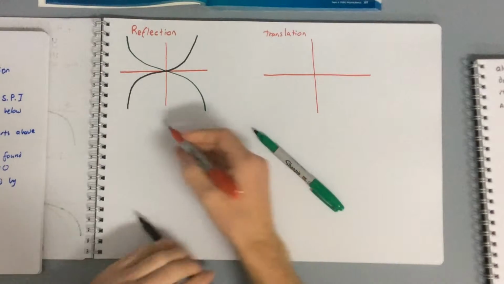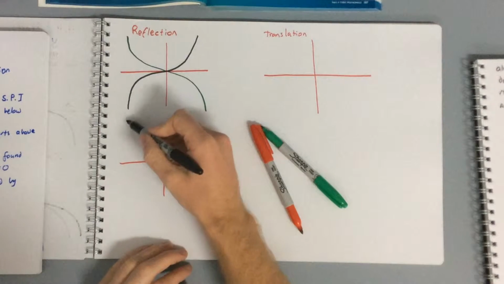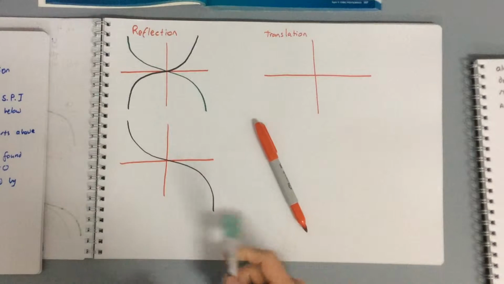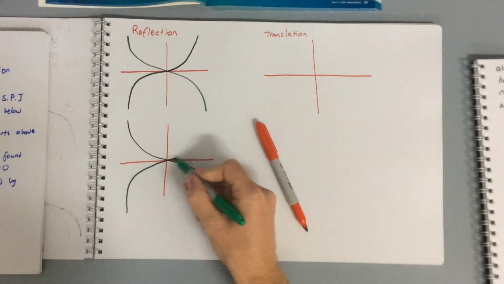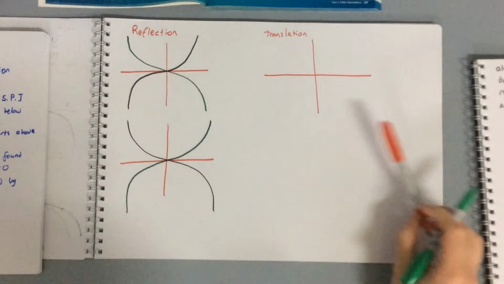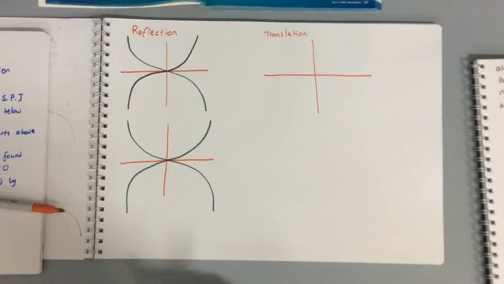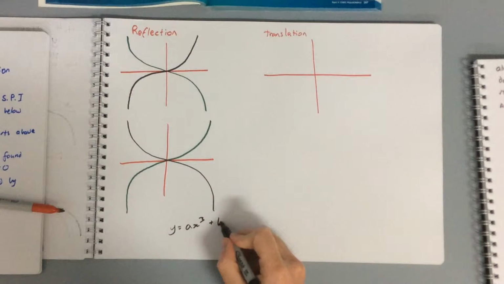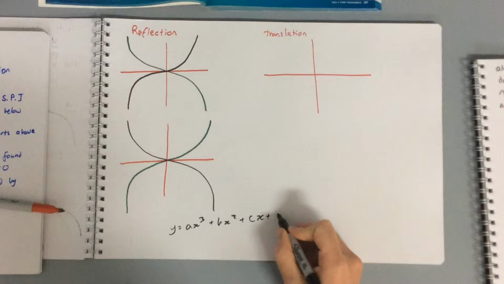If we had this one to start with, same thing, we just flip it around. So along the x-axis, it's just the other way around. That's all reflections are. And that's indicated by the term at the front. So the a term, so we've got y equals ax cubed plus bx squared plus cx plus d.